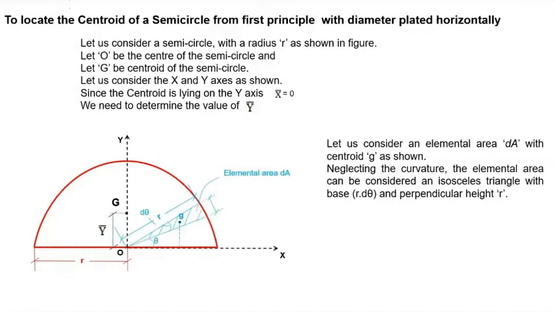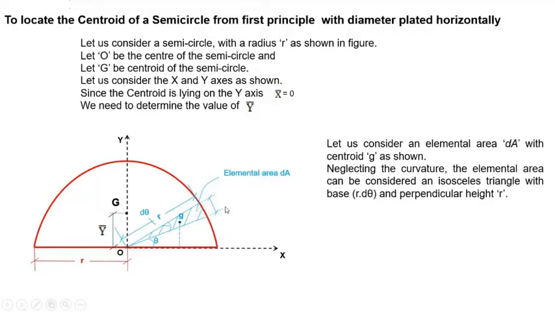Okay. Now let us consider an elemental area dA, and let G be the centroid of that small elemental area. As you know there will be some curvature here, but since the elemental area is very small, this curvature can be neglected and it can be considered directly as a triangle.